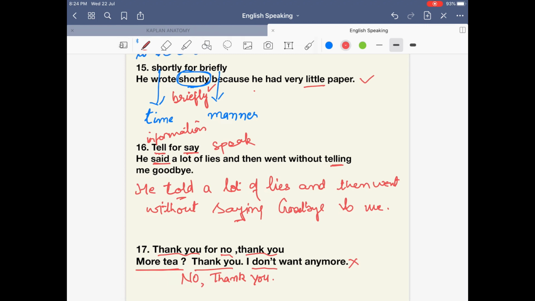If you want some more, you would say "yes, thank you." So this no and yes would tell the person offering you something whether you are interested or not. When you are not interested, you would say "no, thank you." "Thank you" has to be said, but a "no" or "yes" is to be added.